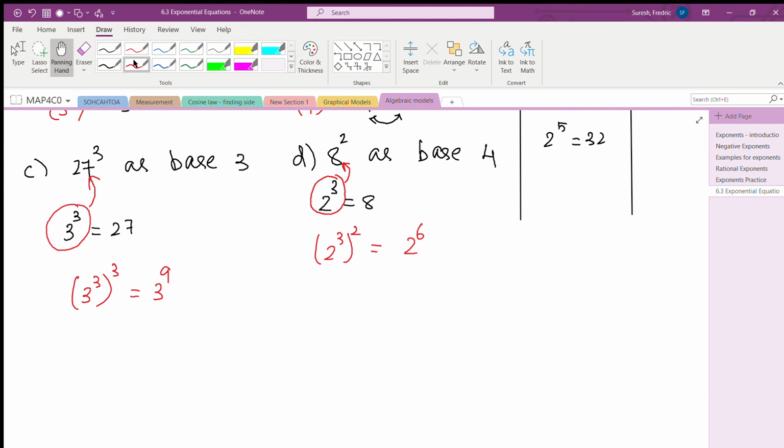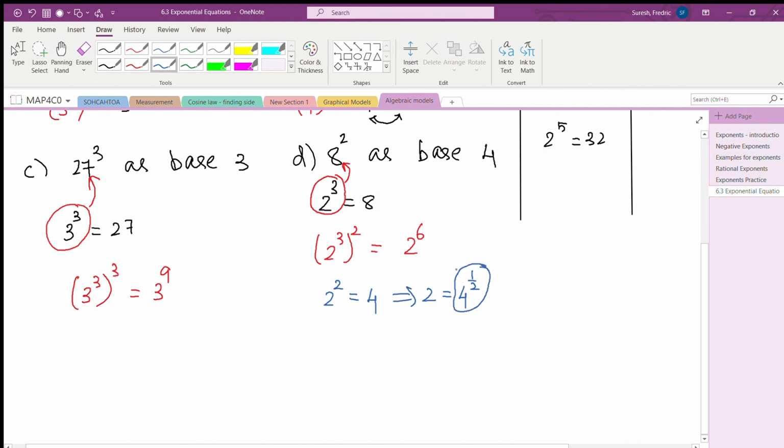So I write 2 to the power of 2 is 4. Okay, so this means that 2 equals 4 to the half, which is a square root. Now instead of the 2 here, take the 4 to the half and substitute there.